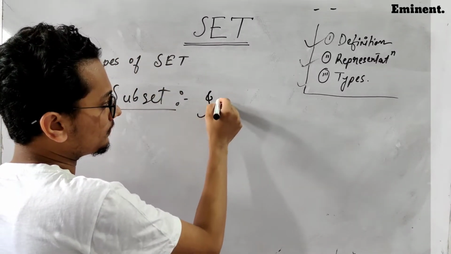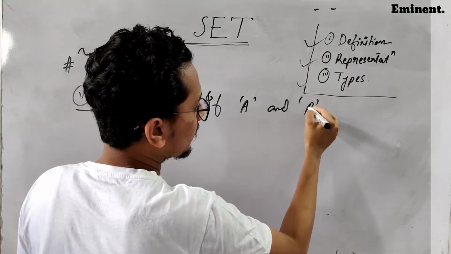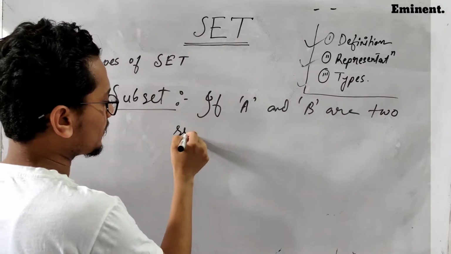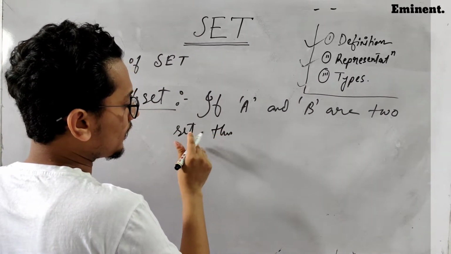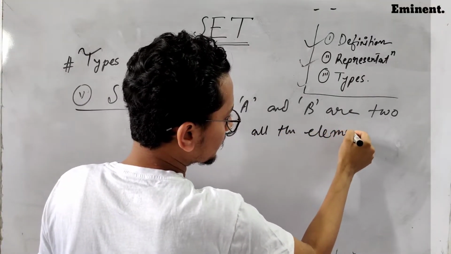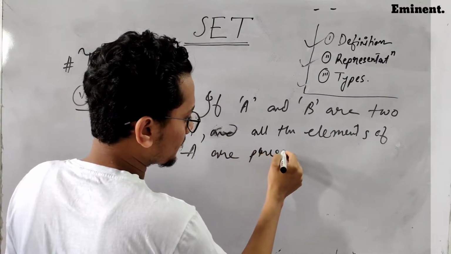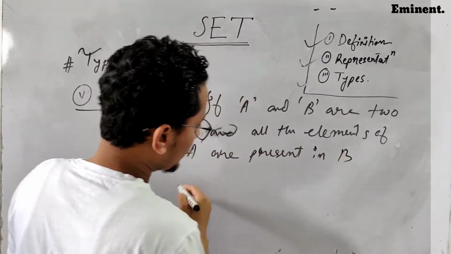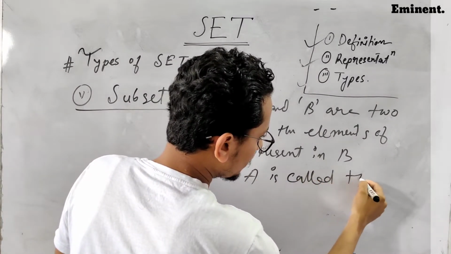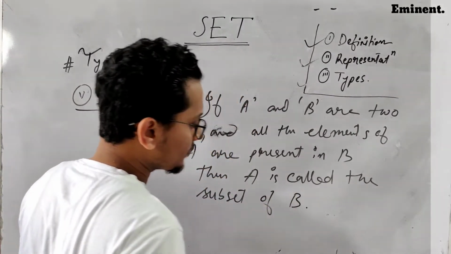If A and B are two sets, and all the elements of A are present in B, then A is called a subset of B. Understood?